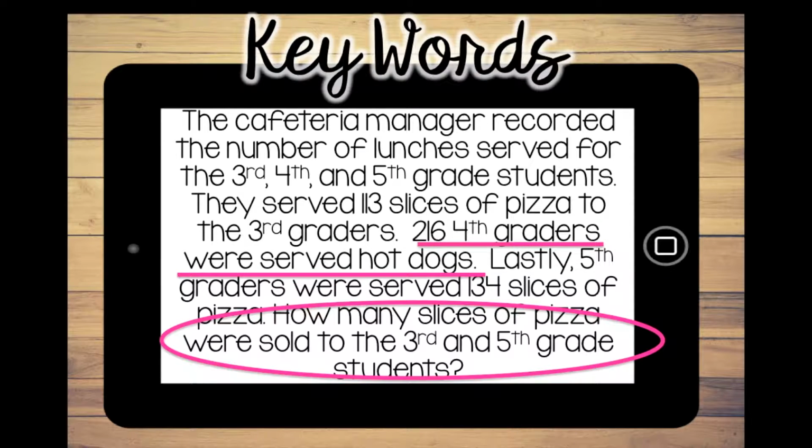If you said 216 4th graders were served hot dogs, you're correct. We do not need to know how many 4th graders were served hot dogs. They're asking us how many slices of pizza were sold to the 3rd and 5th grade students. Go ahead and pause the video and complete the problem. Then resume the video to check your answer.